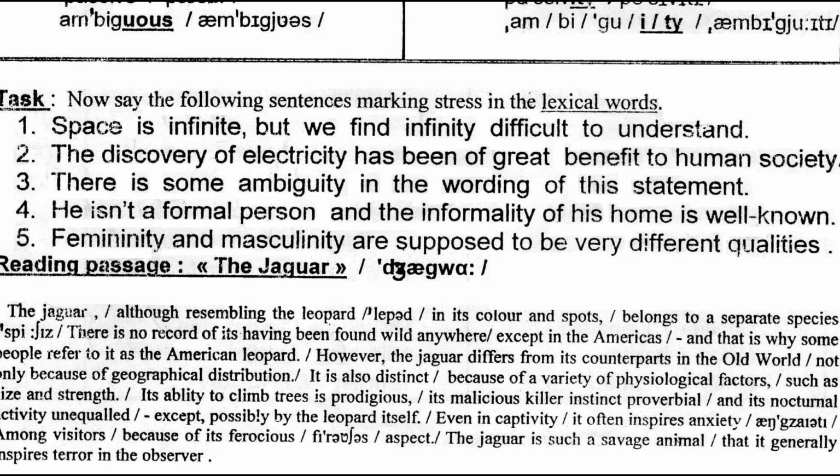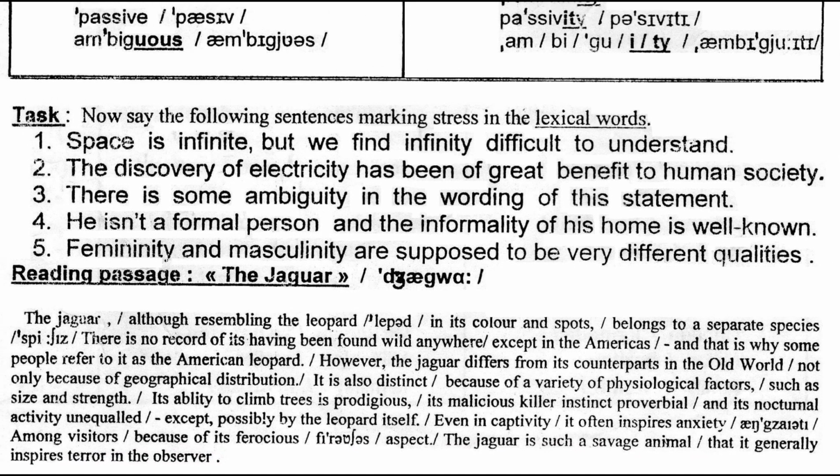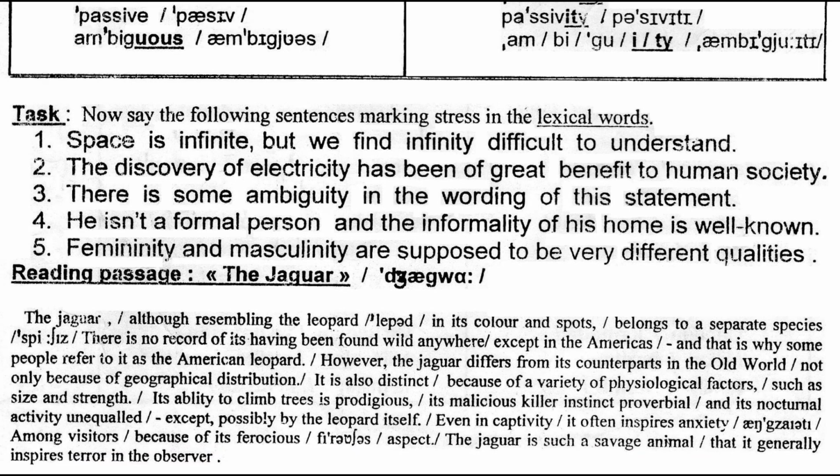And the last thing is a passage for reading, and the aim is to practice the stress. The aim is to pronounce words with suffixes correctly. So this passage is full of, namely, stress shifting suffixes.